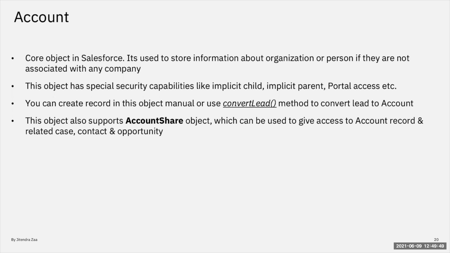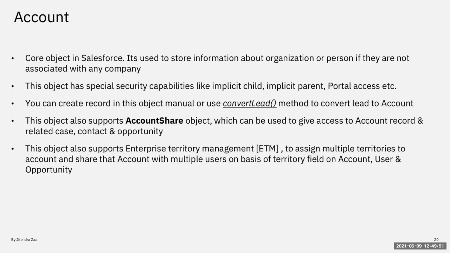On top of that, you have enterprise territory management, where you can assign an account to multiple territories and control the security of the account on the basis of territory, if you have a matrix-based organization or complex sharing requirements.